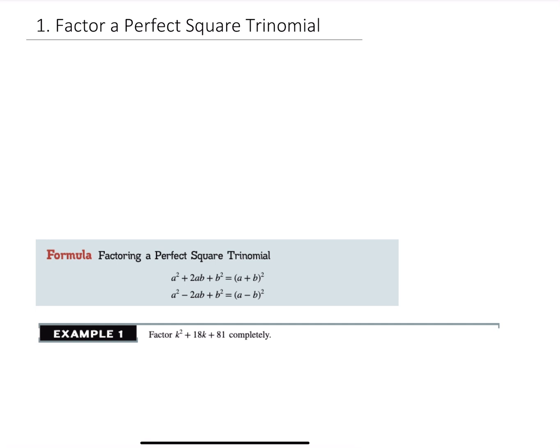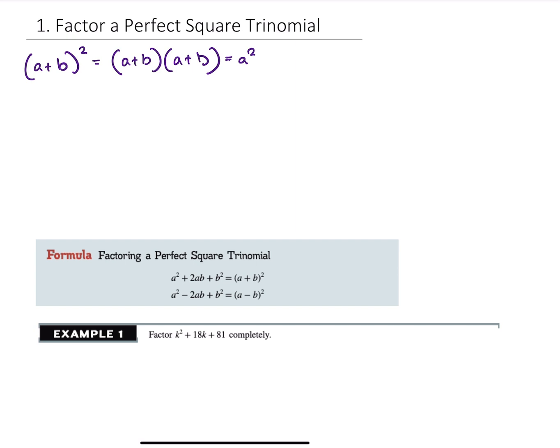So we've actually seen this pattern before, but from the opposite perspective. In the previous chapter, we multiplied out something like a plus b squared. We can write this as a plus b times a plus b, since it's being squared. And then if we FOIL this out, the first two terms multiplied would give us a squared.